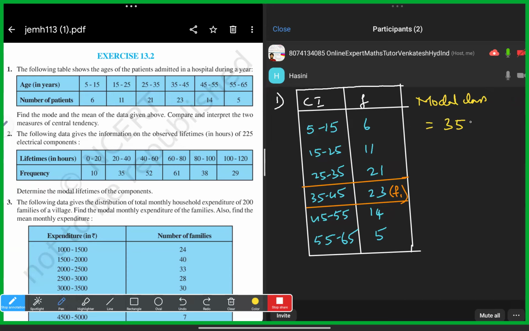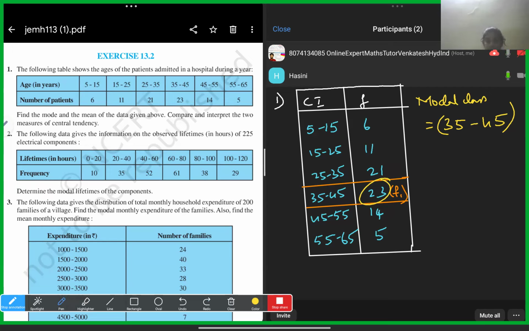Suppose after solving the sum you got 47, you can confirm that it is wrong. Our answer will be in between this only. That is the advantage of the modal class. Modal class means our answer mode should lie in between that, because that particular class interval has the highest frequency.